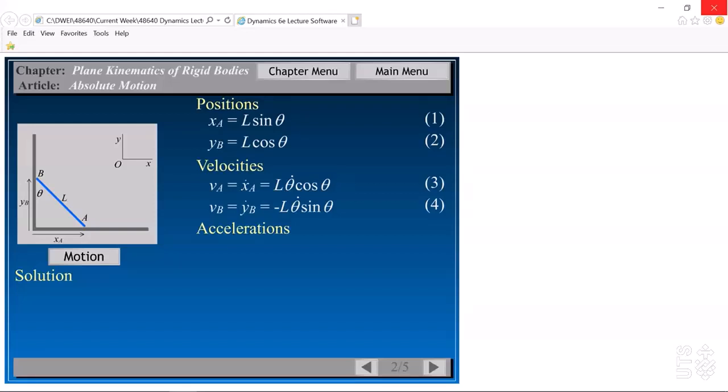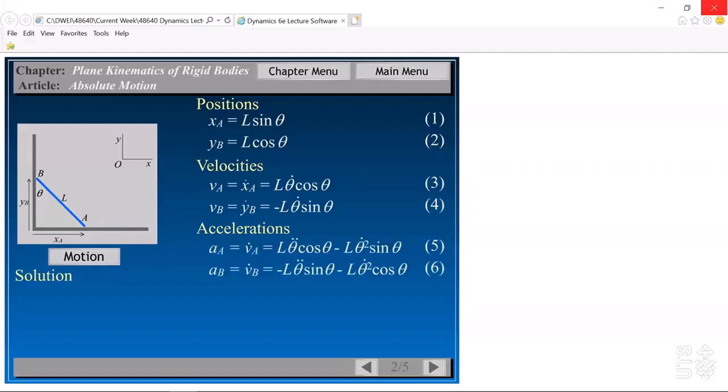Then we can work out the relationship between vA and the angular velocity theta dot. Theta dot is angular velocity omega. And we also can work out the relationship between the velocity of point B, vB, and theta dot. Theta dot is the angular velocity of this bar AB.